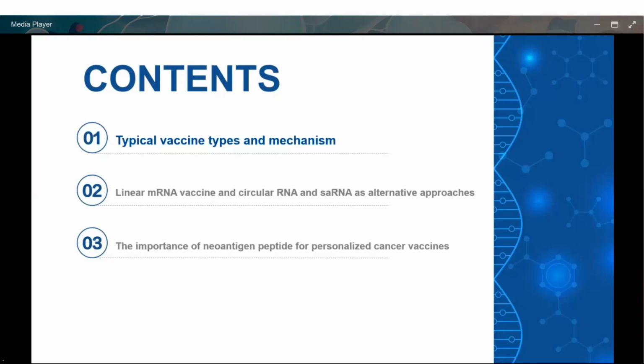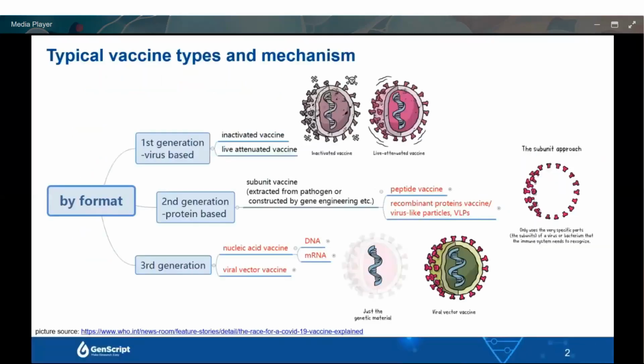In the second part, we will discuss linear mRNA vaccine and circular RNA and saRNA as alternative approaches. And in the last part, we will see the importance of neoantigen peptide for personalized cancer vaccines. So the first part is typical vaccine types and mechanism.